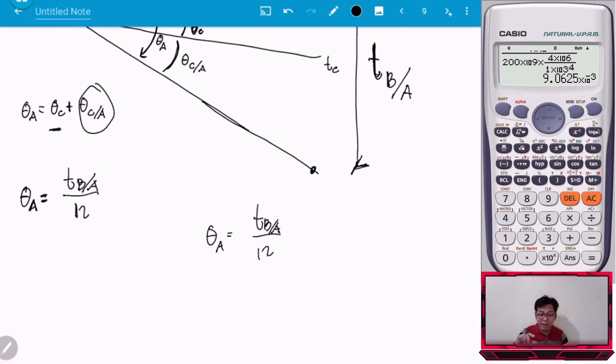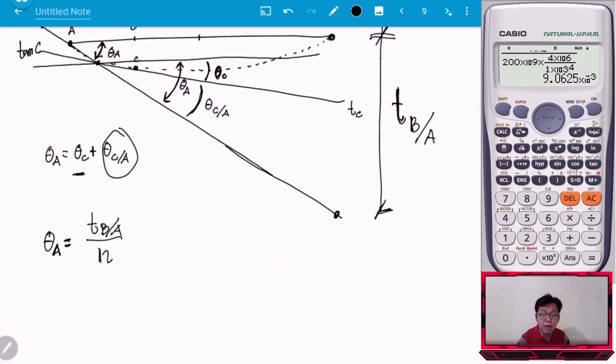Kasi nga, that is true for very small angles. Therefore, I can now actually solve the slope at C, because kaya ko nang isolve ang slope sa A, kaya ko din isolve ang slope sa C, the change of slope with respect to C from A.